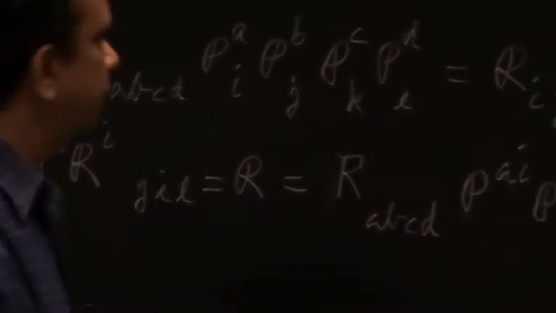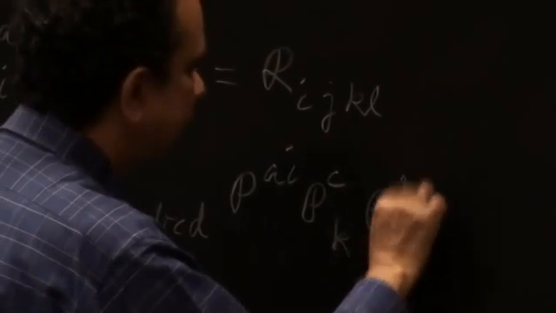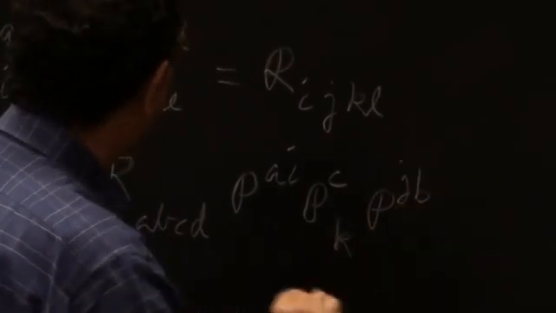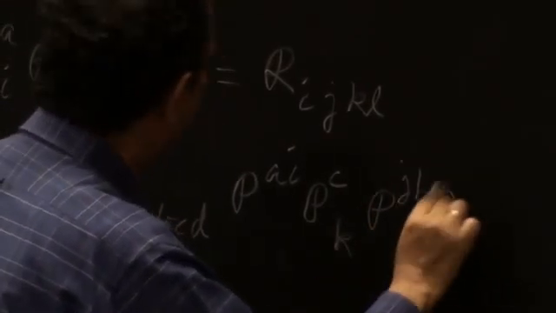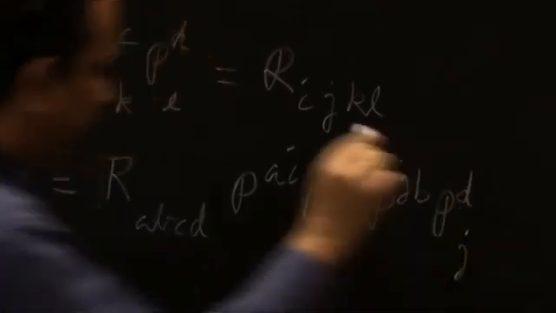I contracted on I and K. Then I am going to contract on J and L. So I get P_JB, P_DJ. No, I haven't written down the contraction correctly. I said I am contracting on I and K, so this should be K.